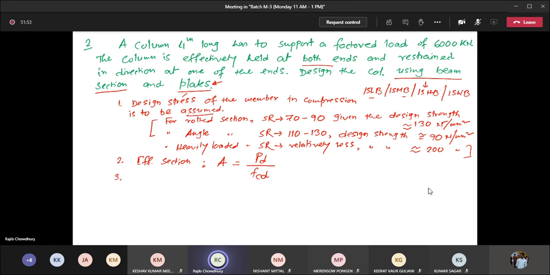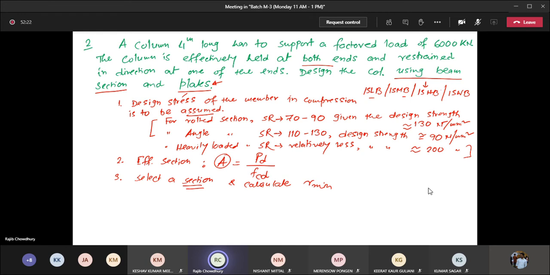Third step is select a section to give adequate area, and once the section has been selected, calculate the R-min.